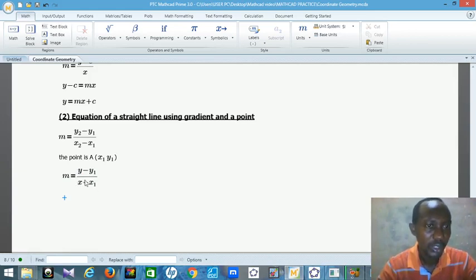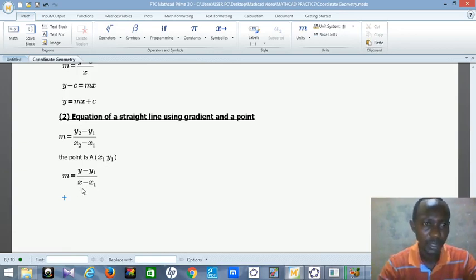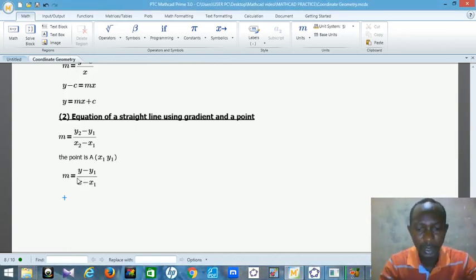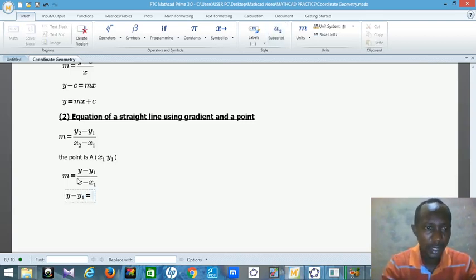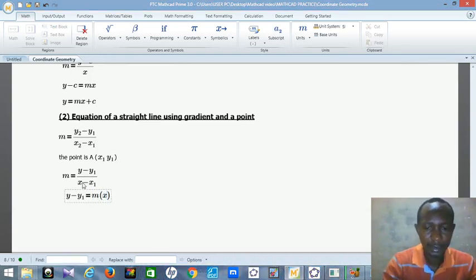Then what is now the equation of the line when a gradient is given and a point is given? The point is x1, y1. This is the coordinate of the point. So if I cross multiply with this, I'm going to have y minus y1 equals m, then you open bracket, x minus x1.